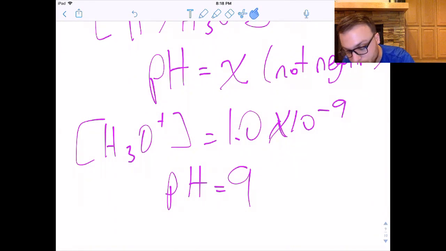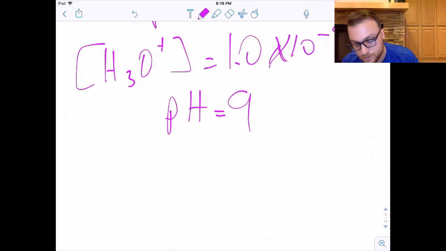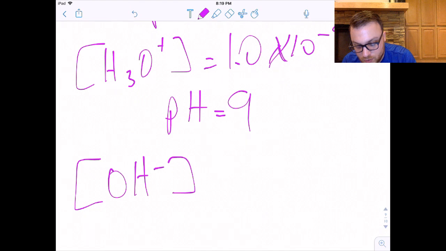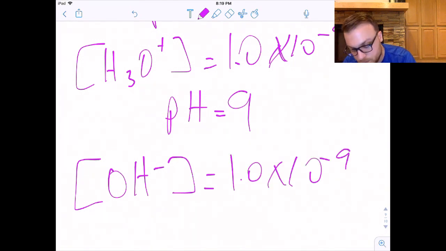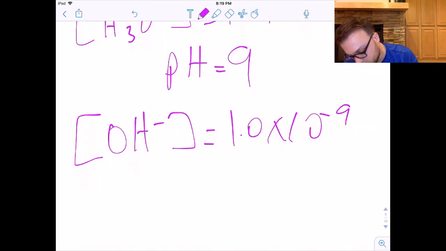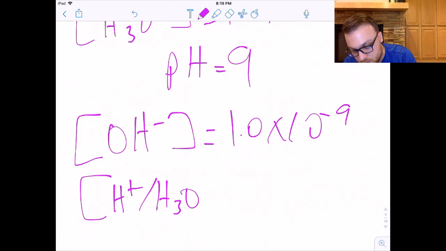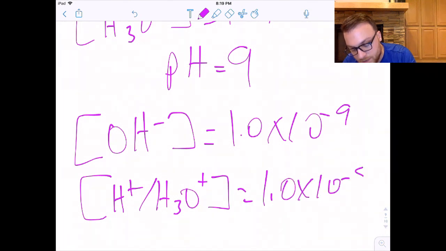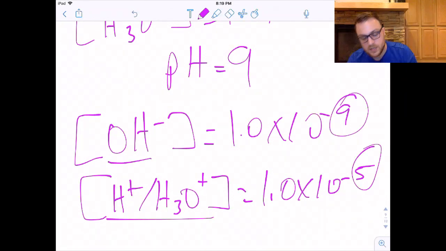If you see an OH minus concentration of 1 times 10 to the negative 9, that means your H plus / H3O plus is 1 times 10 to the negative 5. Because remember, the OH minus and the H plus have to add up to 14.